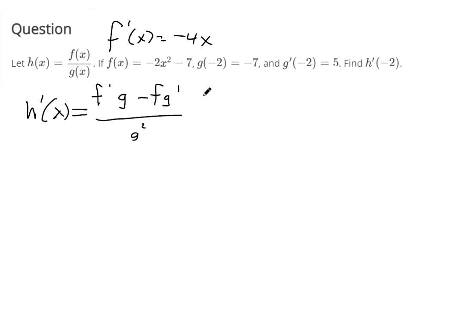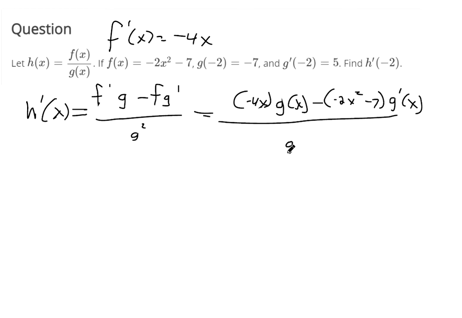It's nice and simple for the derivative, so if we plug that in, it's negative 4x times a g of x that we don't know, minus f, which is negative 2x squared minus 7, times g prime, which we don't know, so we're going to keep it there, and then it's g of x in the denominator being squared.